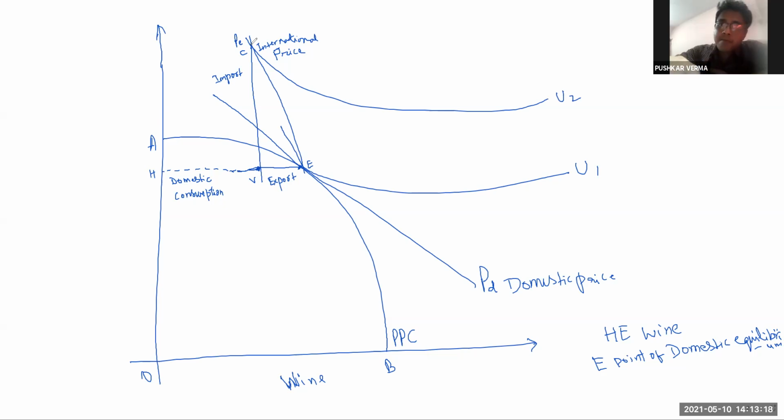With the available commodity, there is no specialization, there is no arrangement. Whatever is available in the economy, HE, BE is for export, and BE is exchanged for BC.